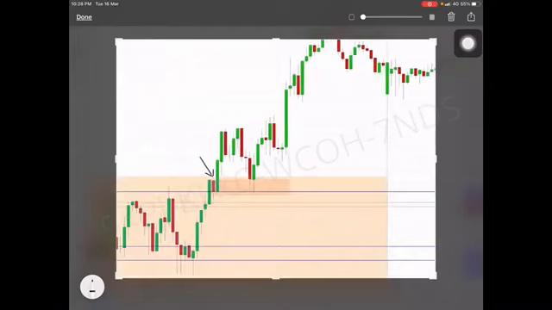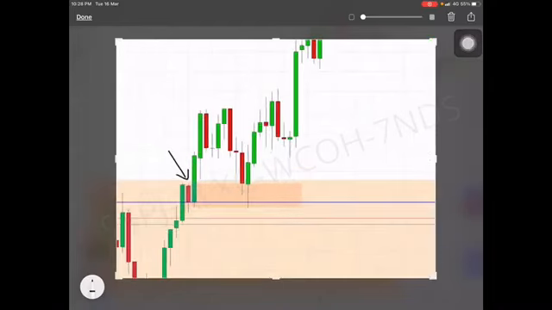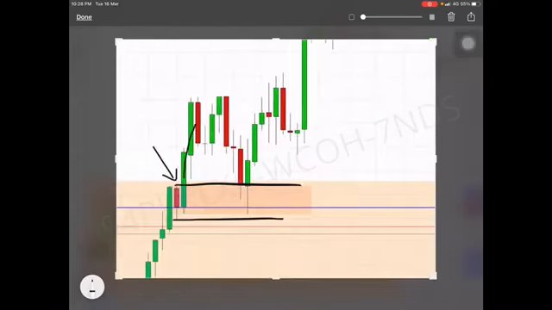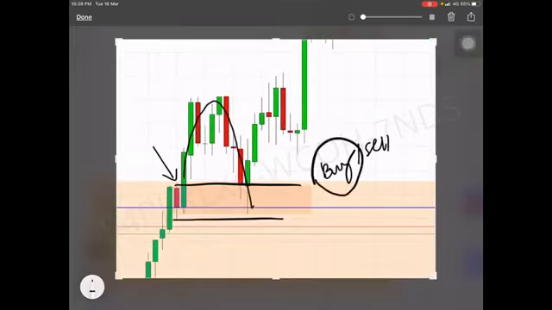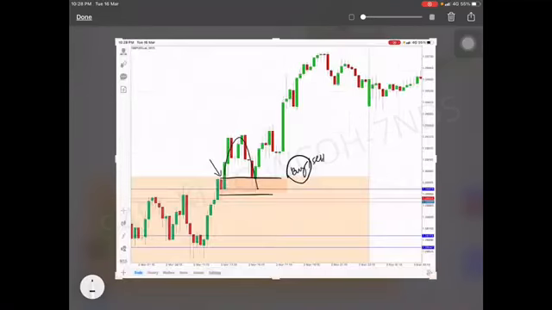So when the price comes back to the zone, are we going to look for buy or sell? So we're going to buy. Do you have any other questions? Is it clear how to enter? Is it clear how to use the SOP now? Yes.